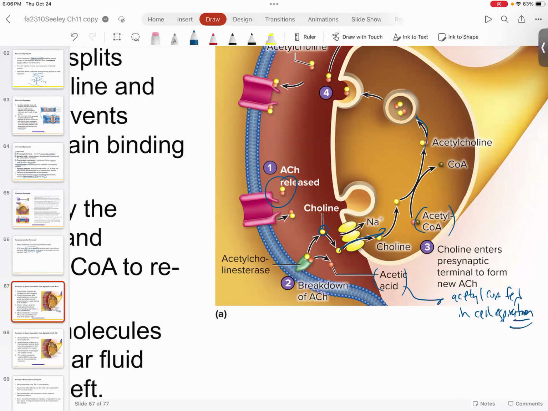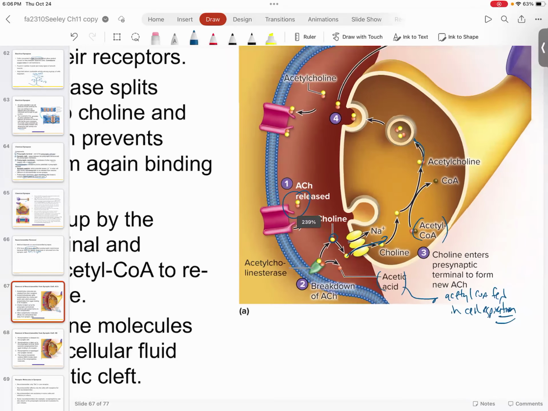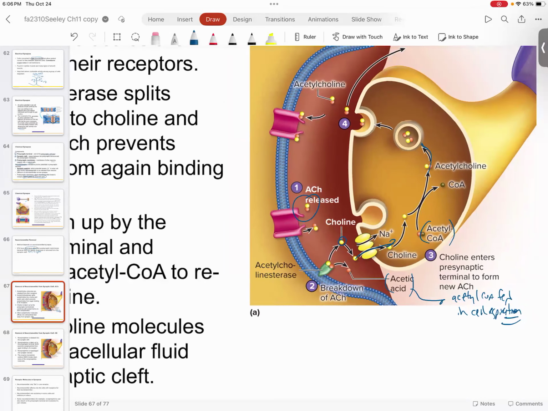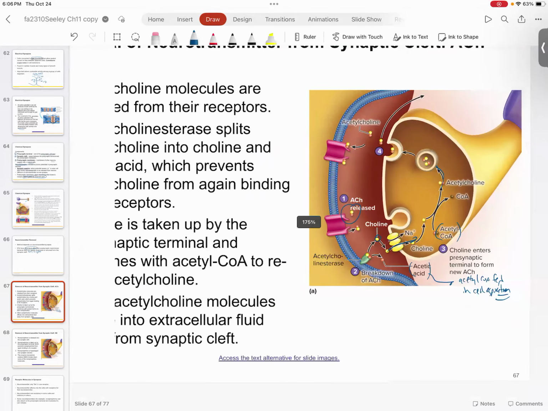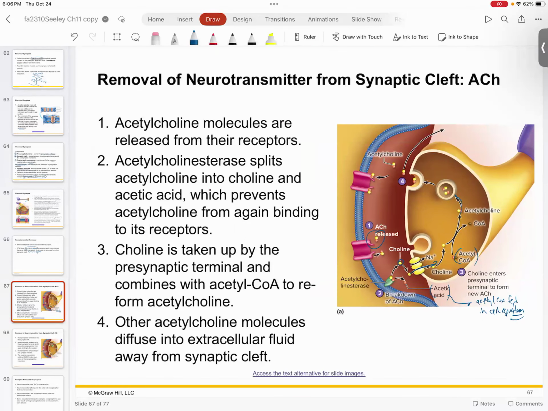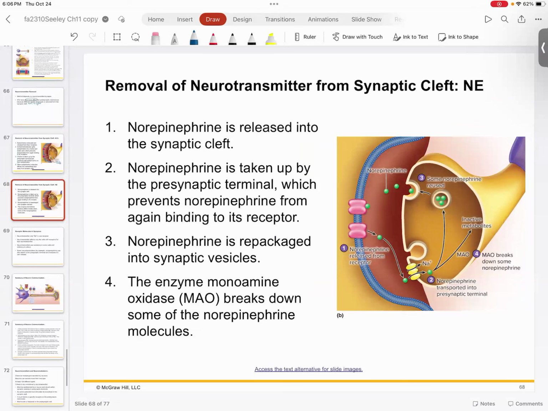And so by doing that, you basically have a mechanism to not only release your neurotransmitter into the cleft, but also to clean all that out and reset the system so that you have a fresh synaptic cleft to start over again. Now that's acetylcholine, but what about other neurotransmitters?